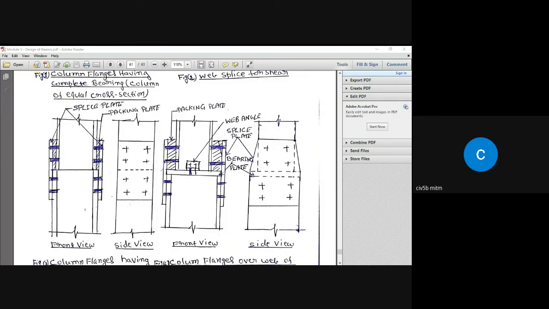If you have any doubt, you can always contact me from tomorrow onwards. In module 4, where we studied the design of tension members, there was another part left out, the design of column bases, which will be taken by Mr.